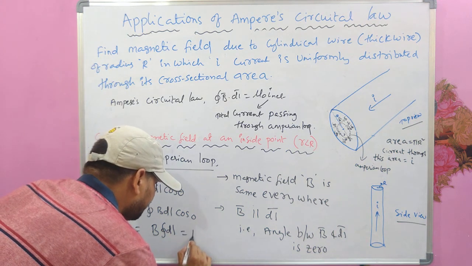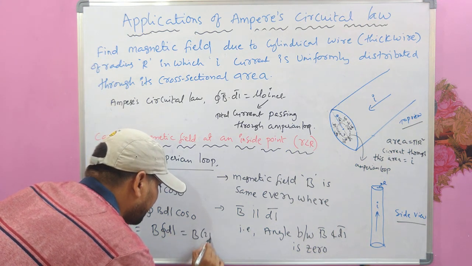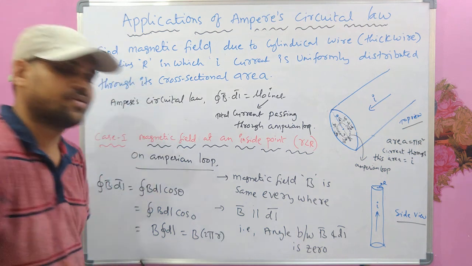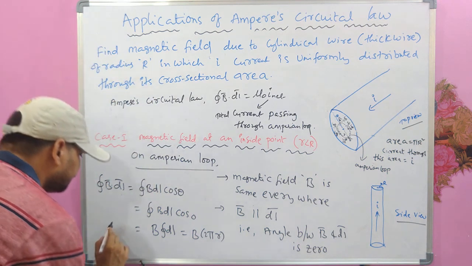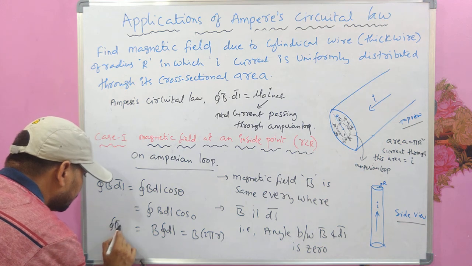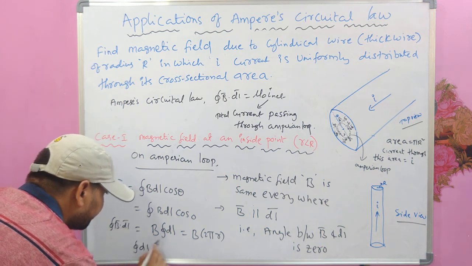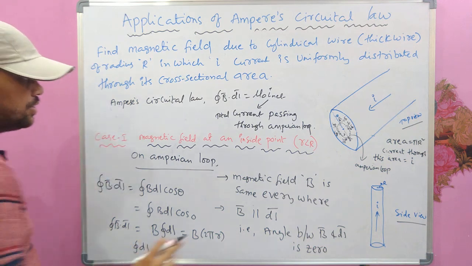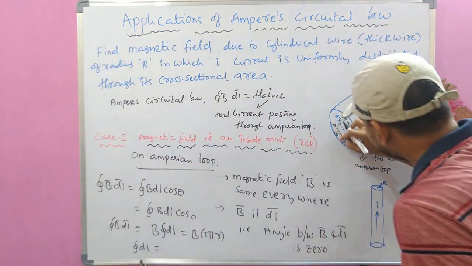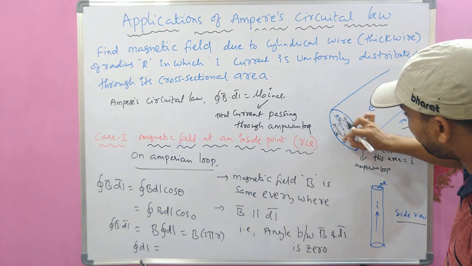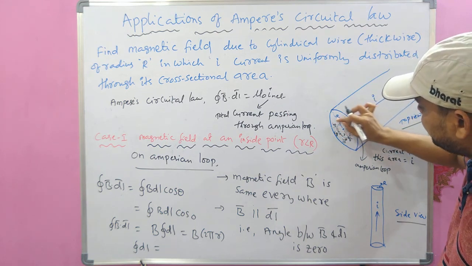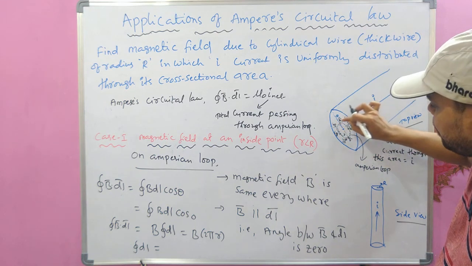This we can write as B into 2 pi R. How can we write this? Because integral DL is equal to the total length of this loop, the sum of all these selected path lengths on this Amperian loop.